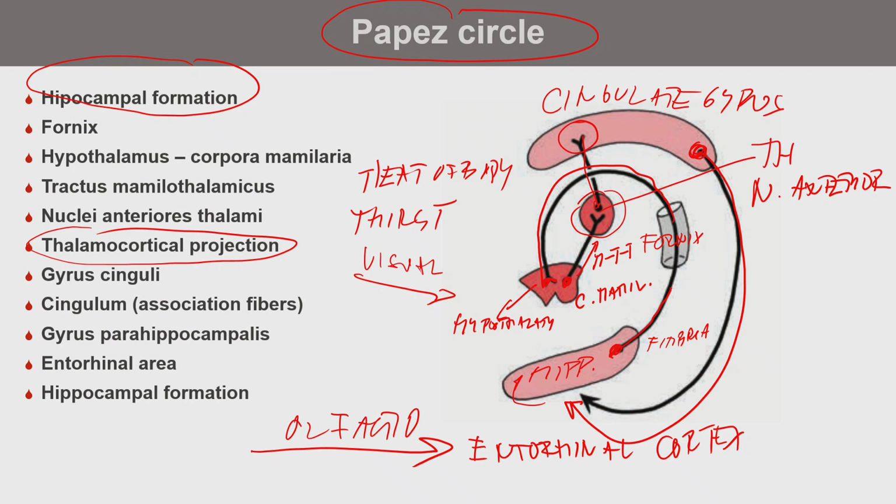And you could also have inputs from the emotional sphere, from the limbic system again. So then you could have ulcers in the stomach when you are stressed, from the anatomical examination. Yeah.